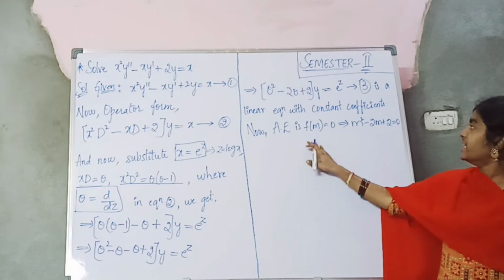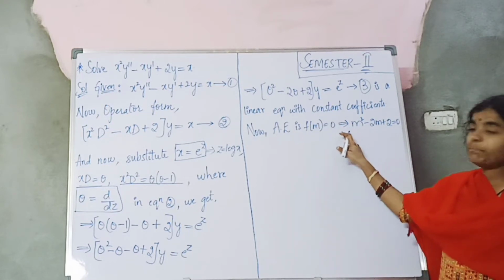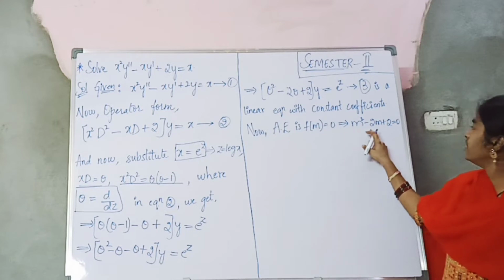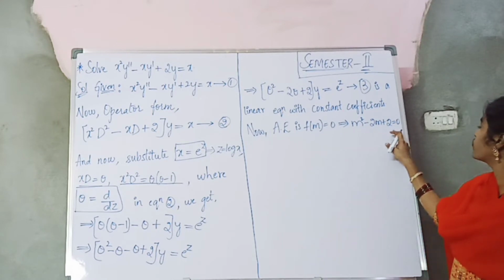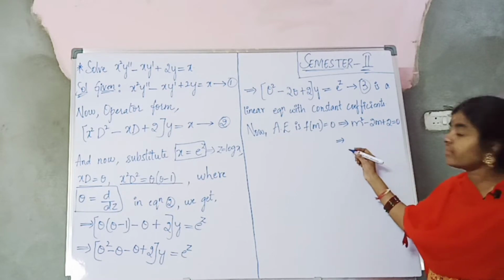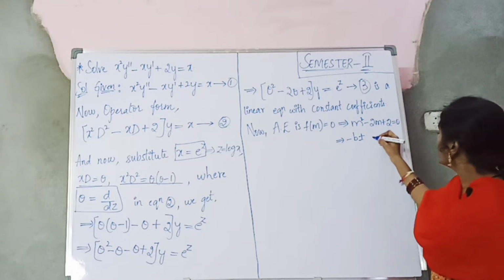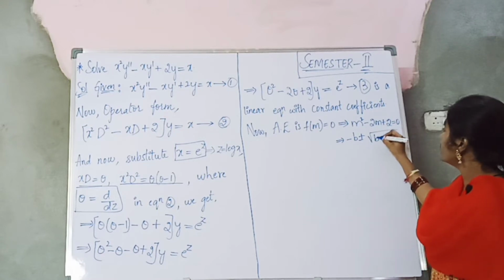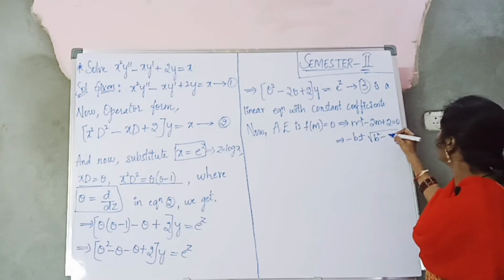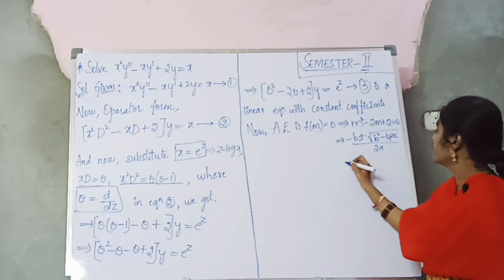So now we are writing this equation 3 in the form of the auxiliary equation. So then it becomes m square minus 2m plus 2 equals to 0. Now we have to find the roots of this equation by using this formula: minus b plus or minus under root of b square minus 4ac by 2a.